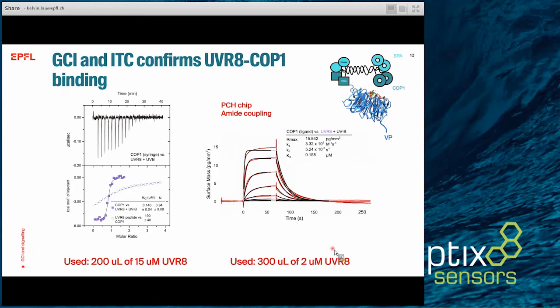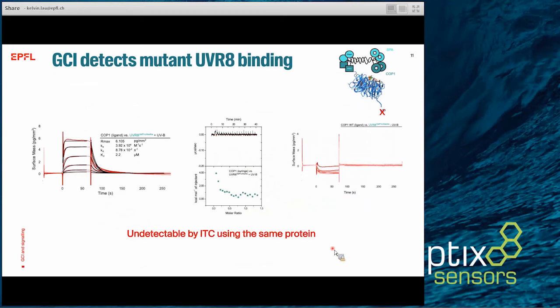A big advantage as well with the Creoptix WAVE was that, in parallel with ITC, we could detect some interactions that we could not see by ITC. I won't go into further detail, but ITC requires heats that you need to detect to see an interaction.